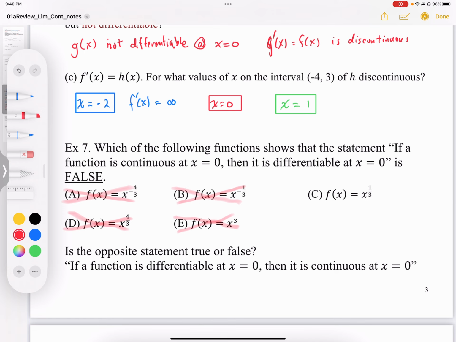C is going to be our answer because when we differentiate this, well, first of all, this is a cubic function and it's going to give us a vertical tangent at x equals 0. Okay, so we're going to have a function that looks like this.